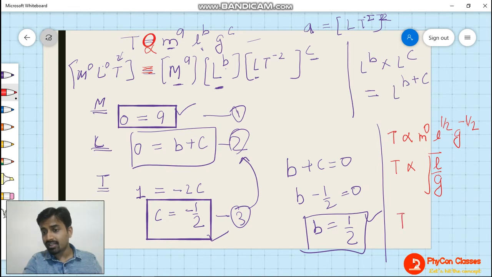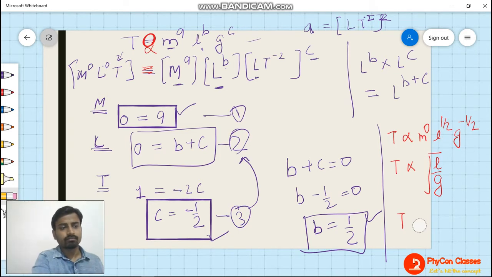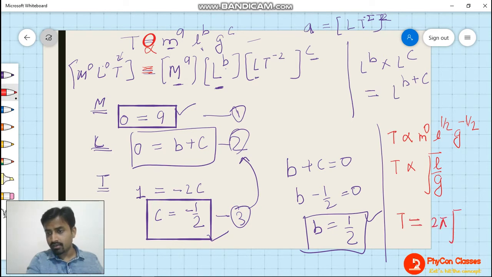Now the proportionality constant given in the question, we already know, and what is that constant? 2 pi. So we will just write that directly. The constant we will use it here. Okay, so T will be equal to 2 pi under the root of L by g.